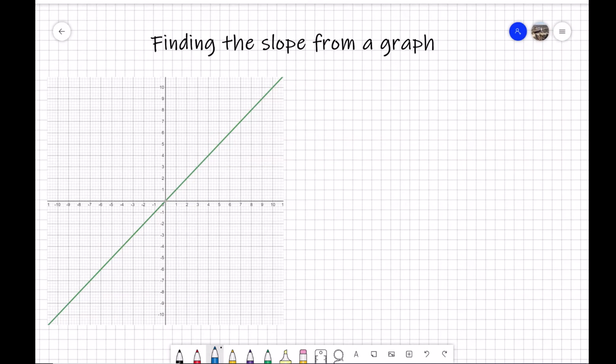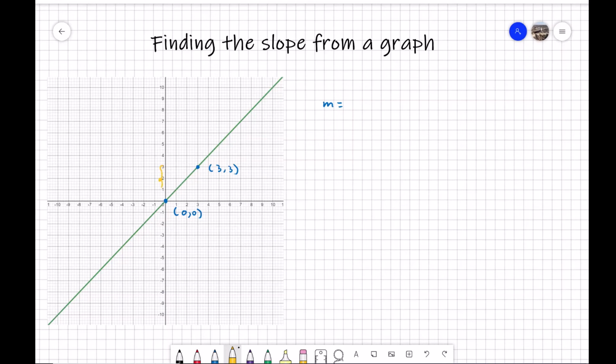Again we need to find the slope. First we're going to look for 2 points on this line. I'm going to take this point, which is 0,0, and, I don't know, this other point, which is 3,3. Now again we want to find the distance it moved up and down, and the distance it moved left or right.